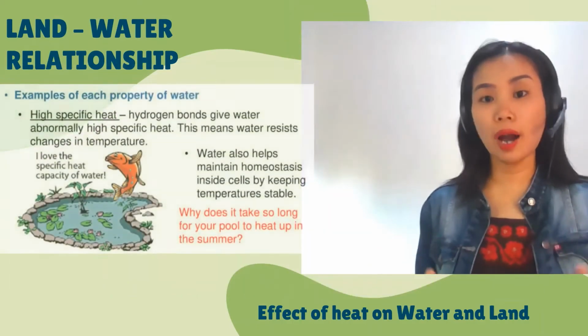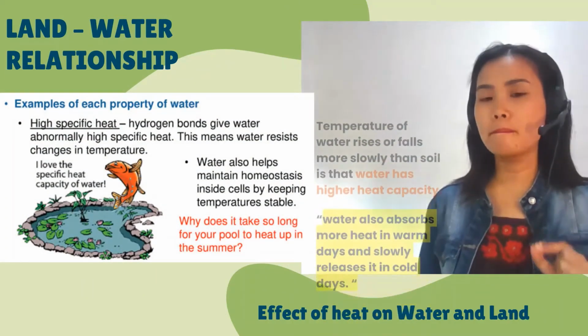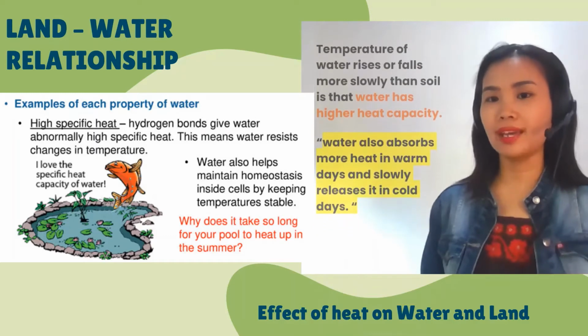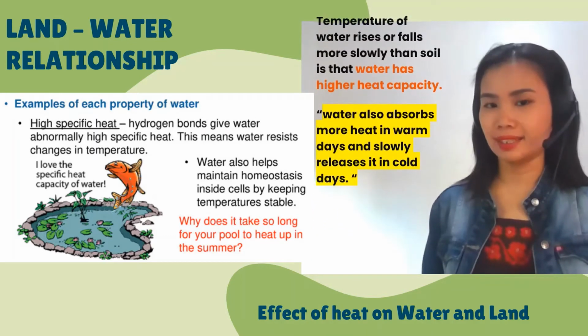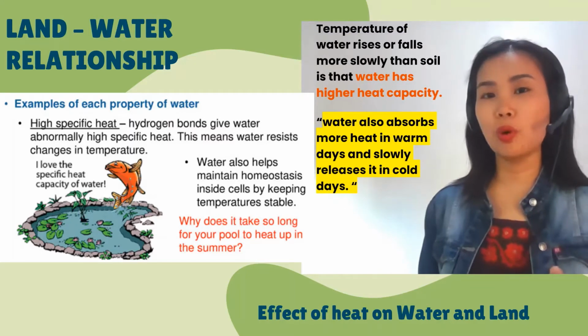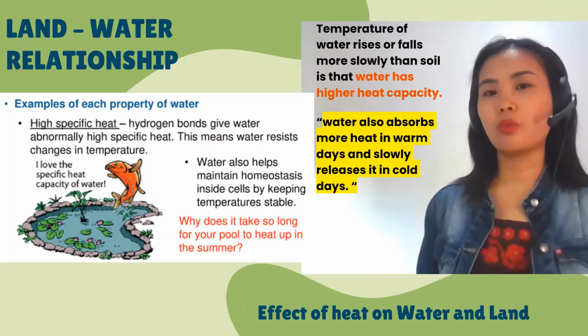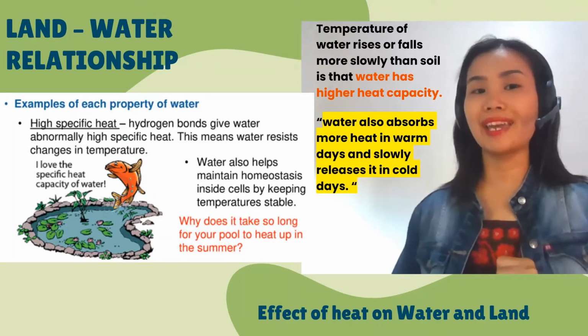The reason why temperature of water rises or falls more slowly than soil is that water has higher heat capacity. Because of this, water also absorbs more heat in warm days and slowly releases it in cold days.